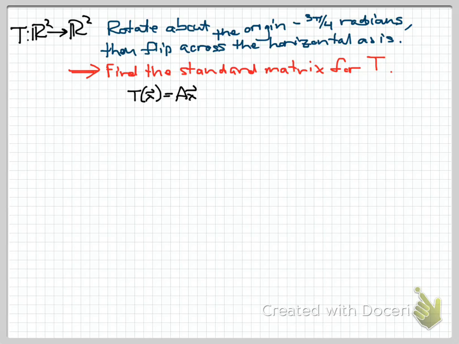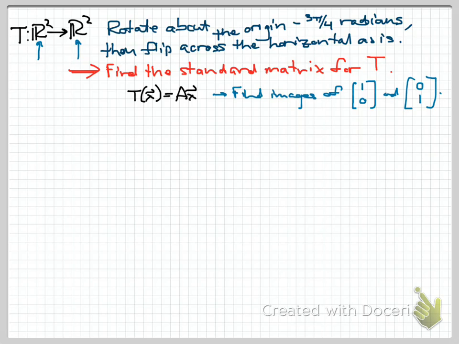We've learned in class a theorem, Theorem 10, that tells us how to find this matrix, and it says I need to find the images of two particular vectors: the images under T of the columns of the 2 by 2 identity matrix. It's 2 by 2 because the domain and codomain of this transformation is R2. So I need to find the images of two vectors, (1, 0) and (0, 1), under this transformation.